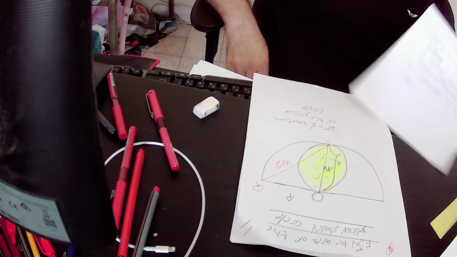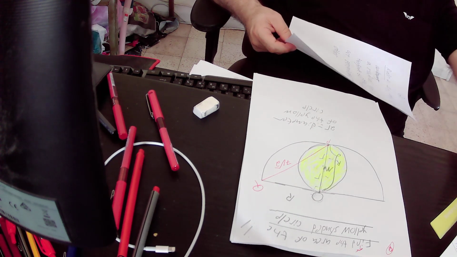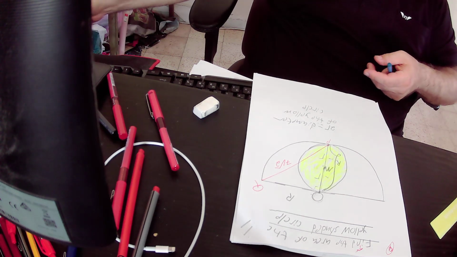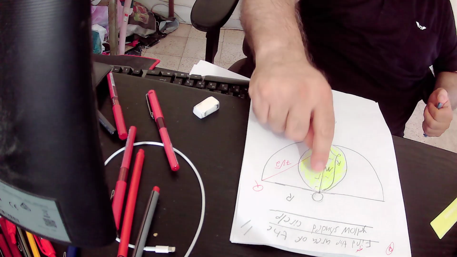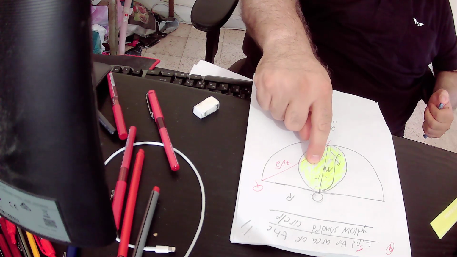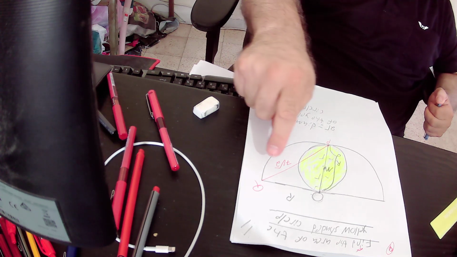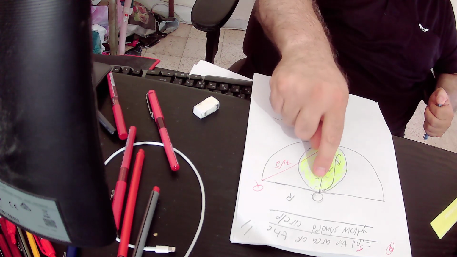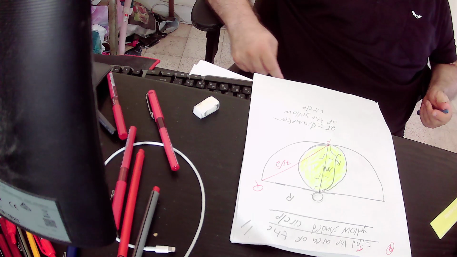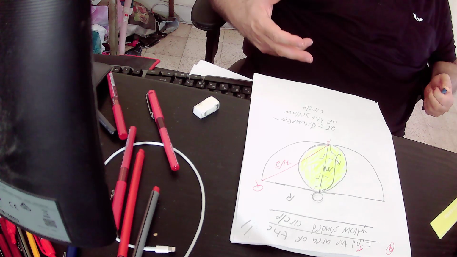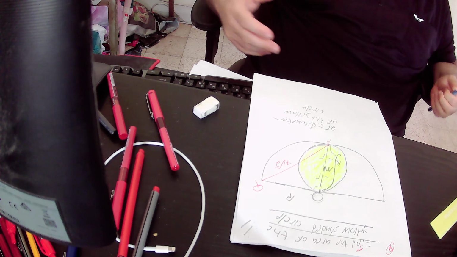Okay, so actually we have here radius MO of the yellow small circle, and we have tangent QO to that radius. So according to rule number 2, the radius and the tangent to that radius are perpendicular to each other.